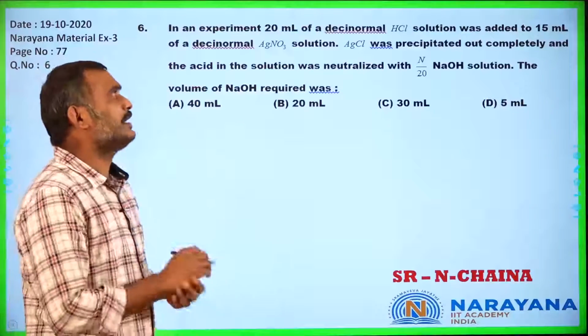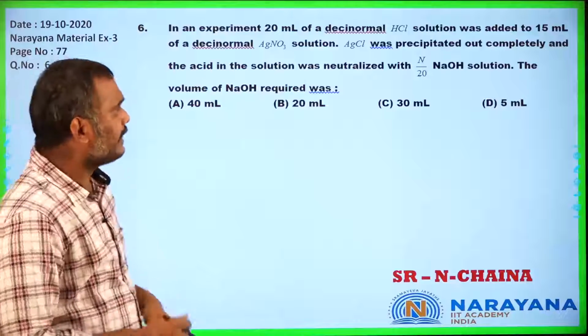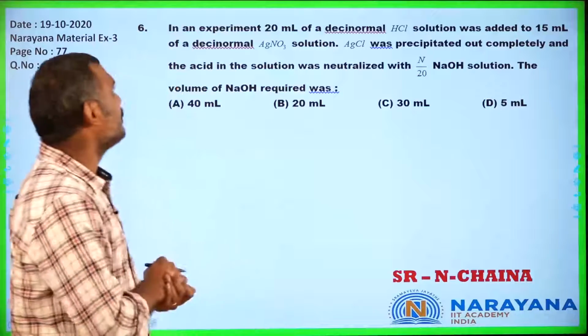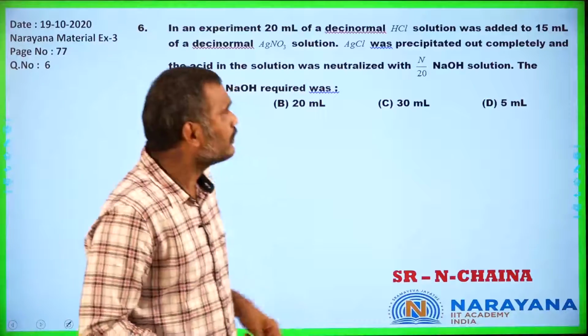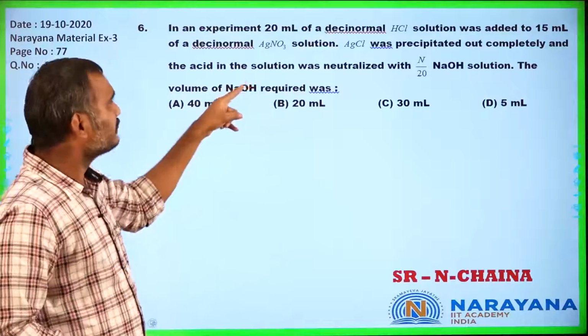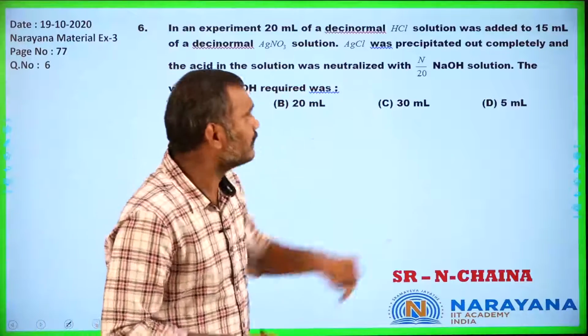Now in an experiment, 20 ml of decinormal HCl solution was added to 15 ml of decinormal silver nitrate solution. AgCl was precipitated out completely and the acid in the solution was neutralized with N by 2.